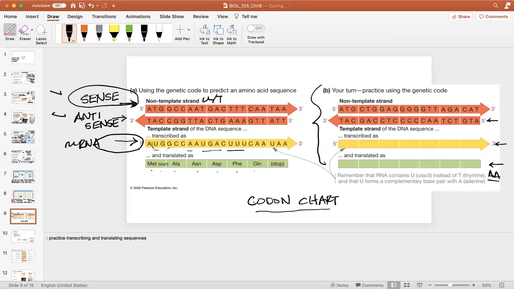Practice doing that for yourself. If you want to know the correct answer, you can email me and I'll be glad to send it to you. If you get this correct, then you're in good shape because I always ask students to do this on an exam. So be sure that you can practice transcribing and translating sequences.